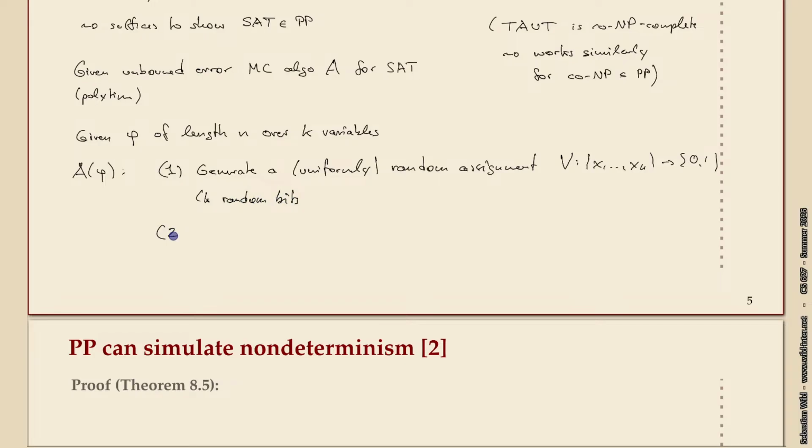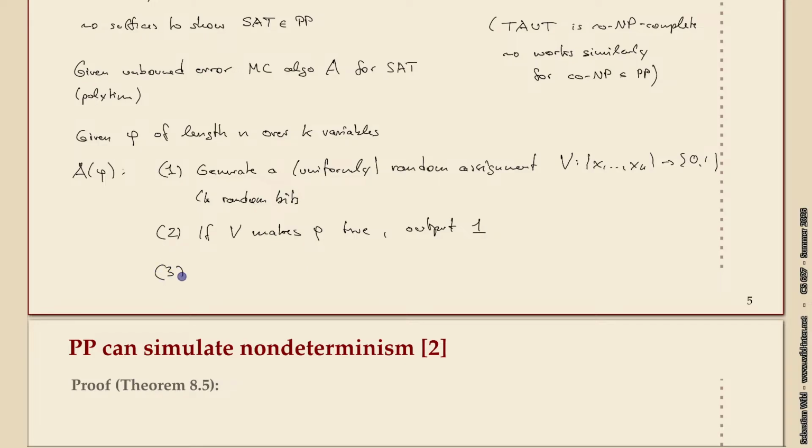And then you check if V makes phi true, then we output a 1, because we've obviously proven that the formula is satisfiable.